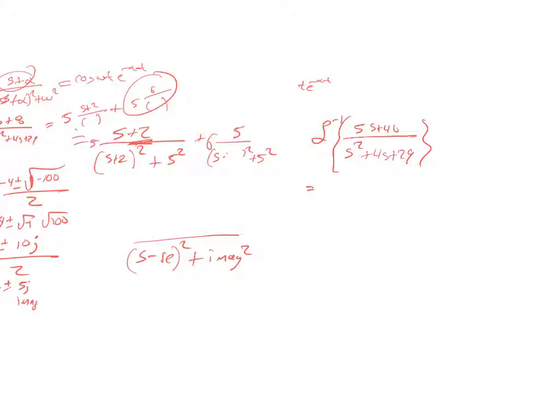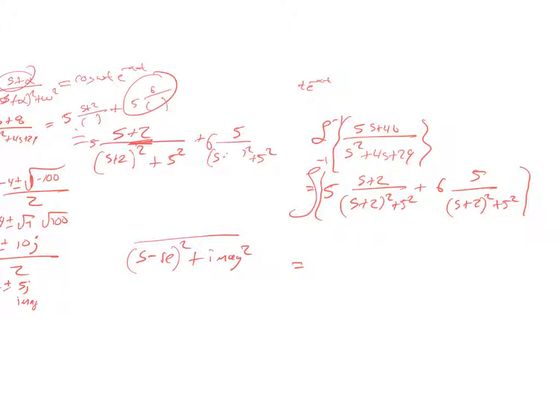Is going to be equal to 5 times s plus 2 over s plus 2, that quantity squared, plus 5 squared, plus 6 times 5 over s plus 2, that quantity squared, plus 5 squared, and I take the inverse Laplace transform of that.